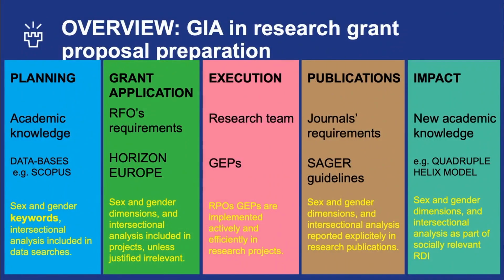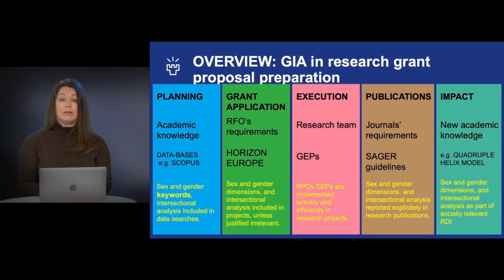So when we take an overlook to gender impact assessment in research grant proposal preparation, we can see the whole continuity from the planning to the impact. In planning phase, we are advancing the already existing academic knowledge by doing data searches like Scopus and use those keywords, sex and gender, in aim to see whether the knowledge produced on this particular topic is gender aware, gender responsible knowledge.